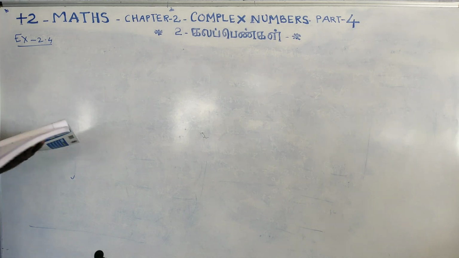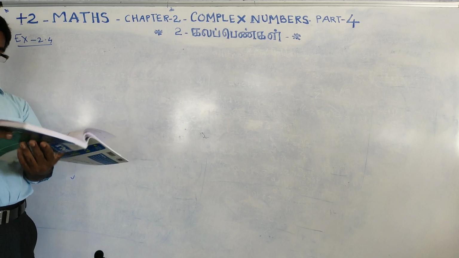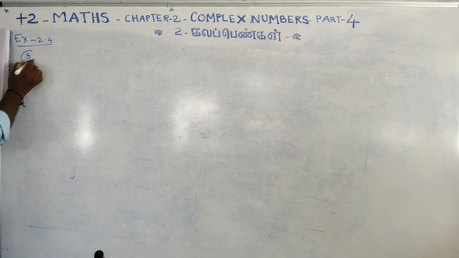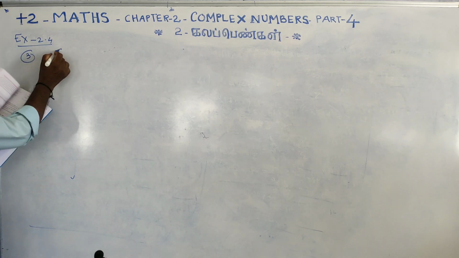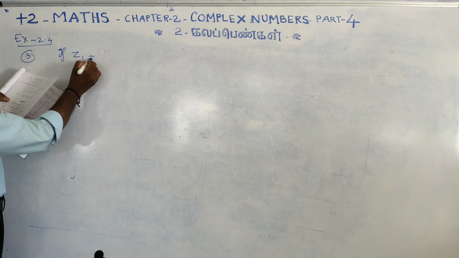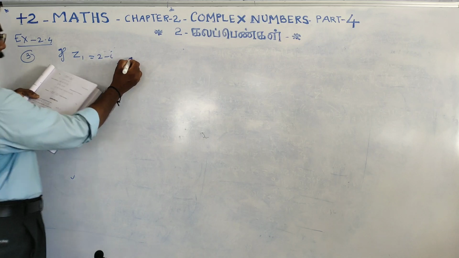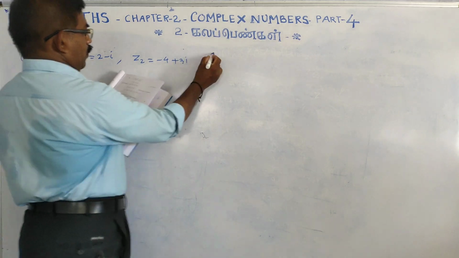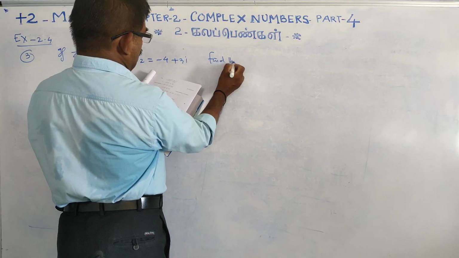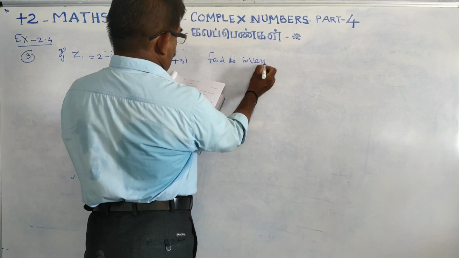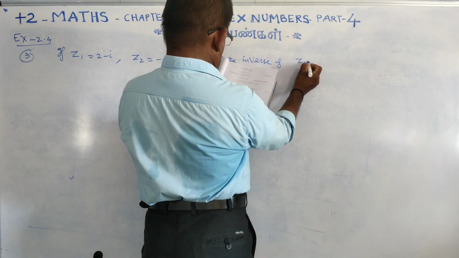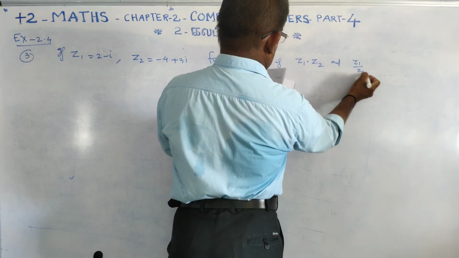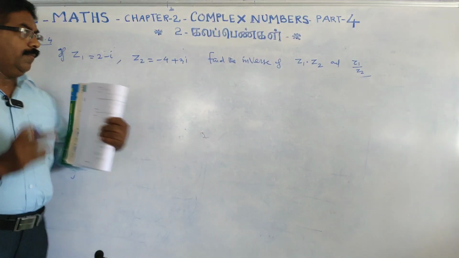Okay. In 2.4, third question: if z1 equal to 2 minus I, z2 equal to minus 4 plus 3I, find the inverse of z1 into z2 and z1 by z2.